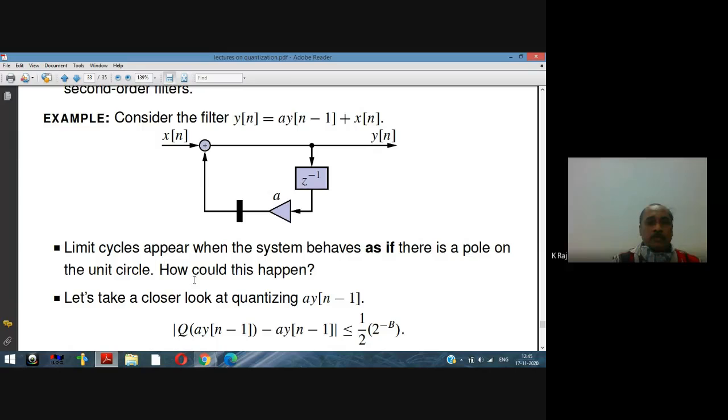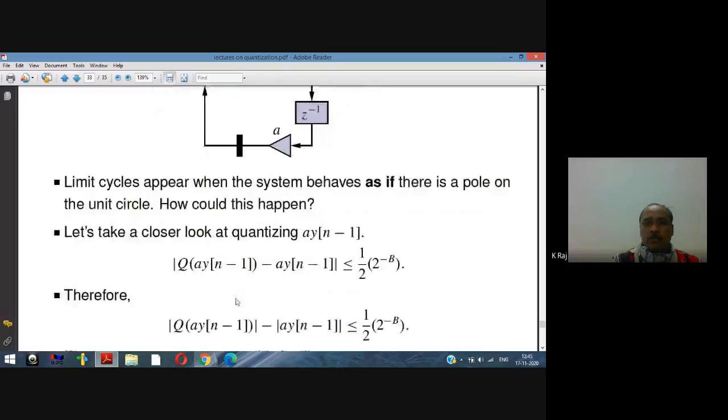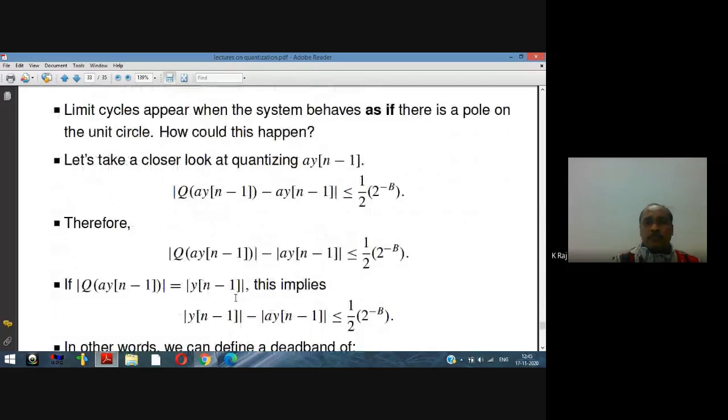Then considering the quantization, the difference between the quantized value of a y(n-1) and the actual value must be less than or equal to half of 2 to the power minus b.